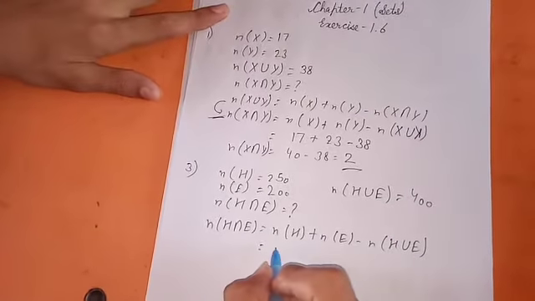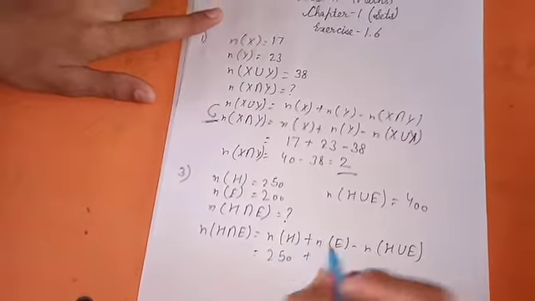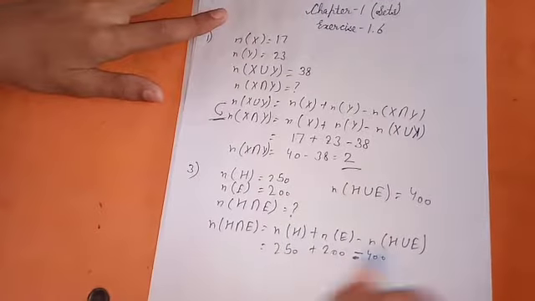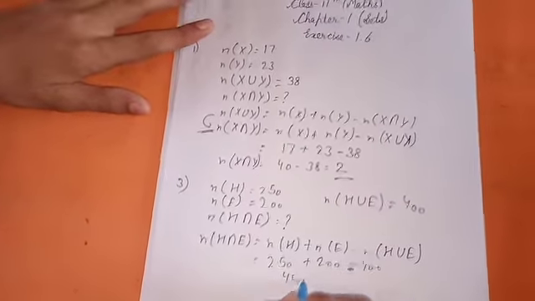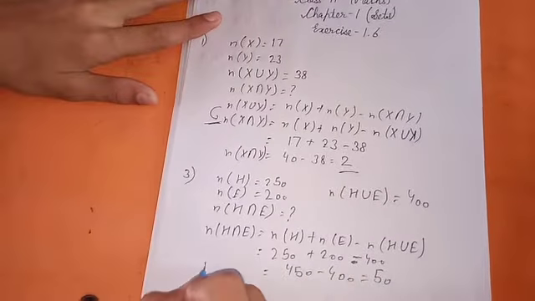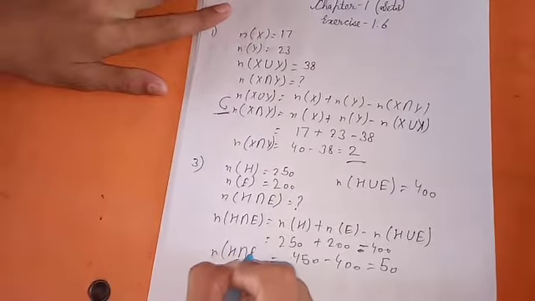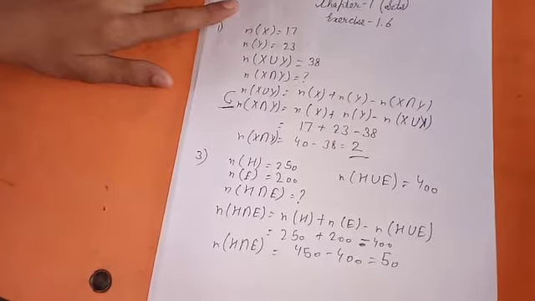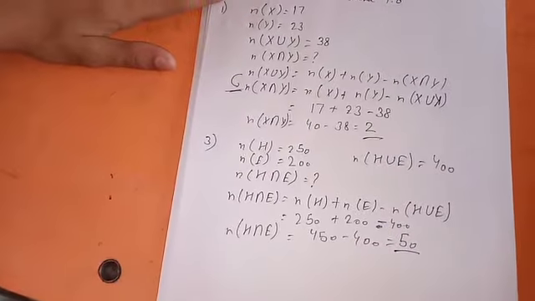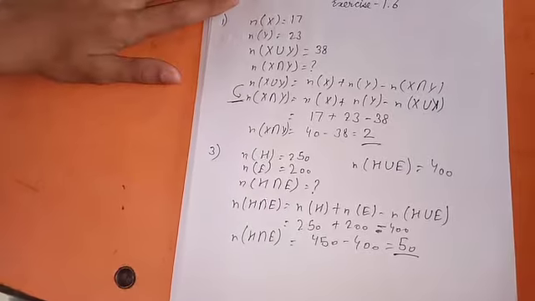It will be 250 plus 200 minus 400, that becomes 450 minus 400, which is equal to 50. That is our n(H ∩ E). That means 50 people in that group can speak both English as well as Hindi.